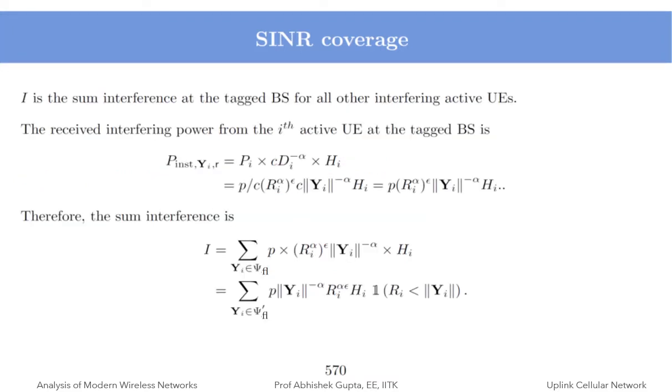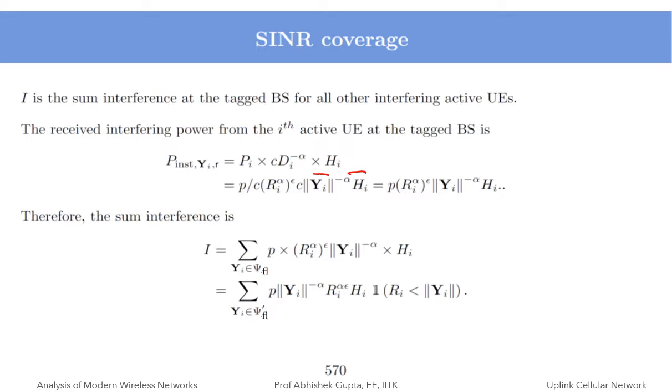Now I can be computed the same way. For this we have to compute the received interfering power from the ith user first. The same way, it will be given by the transmit power Pi of the ith user, the distance of this user from the tagged base station, which is Di to the power minus alpha, multiplied by Hi.